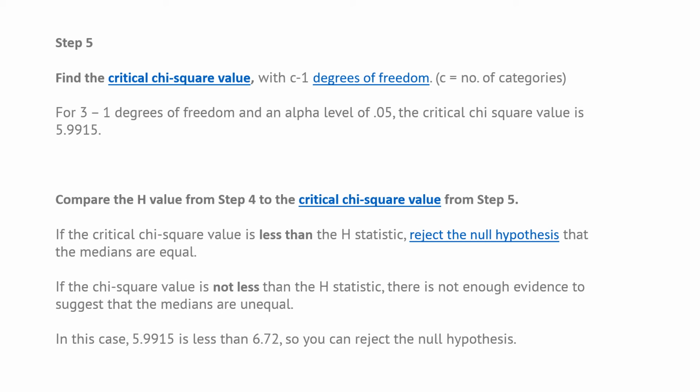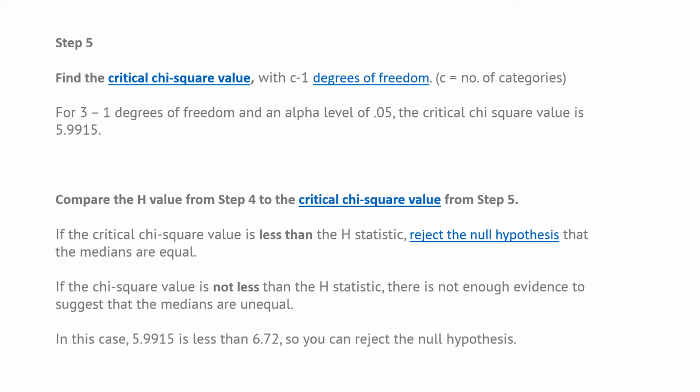If the critical chi-square value is less than the H statistic, reject the null hypothesis. If the chi-square value is not less than the H statistic, there is not enough evidence to suggest that the medians are unequal. In this case, 5.9915 is the critical chi-square value, right?